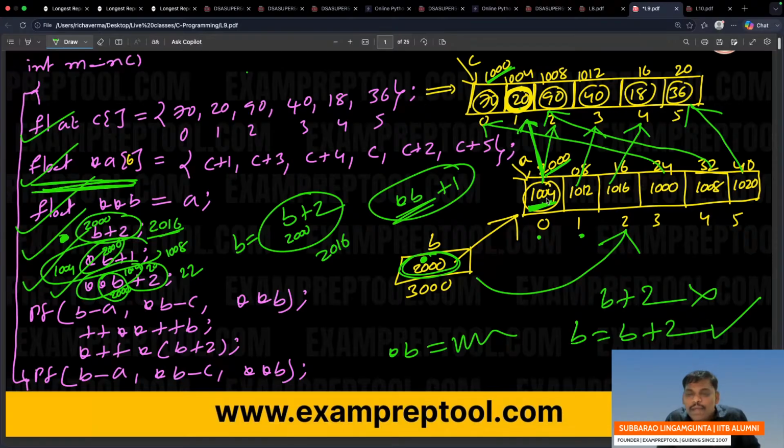You may be feeling bad. See, all the people who don't do practice will make these mistakes. Some people will do practice before the exam, some people will do practice in the exam. 95% of people will do practice in the GATE exam.